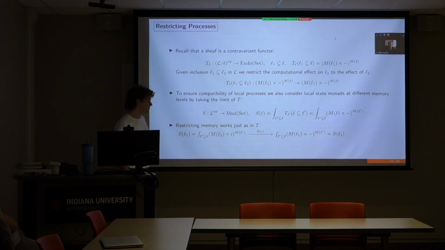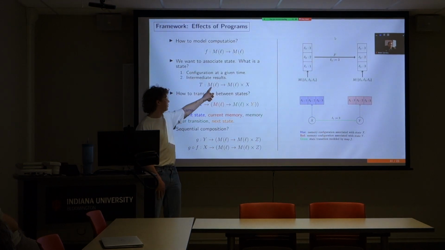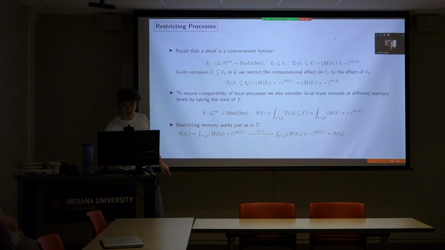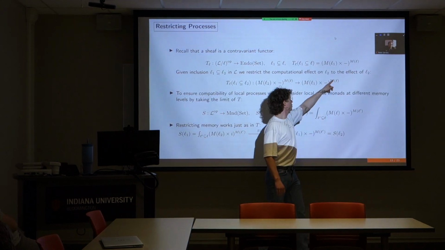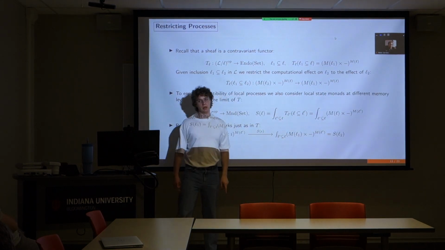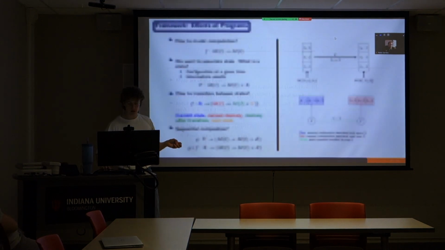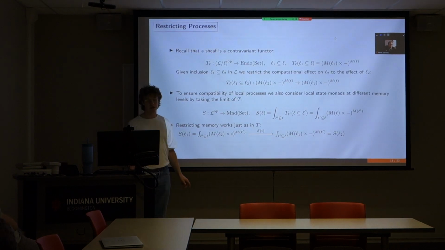The thing is, the modification of the memory happens from here to here. And as you can see here, the ML still remains the global memory. So we also need a way to look at the programmatic effect from a smaller memory.